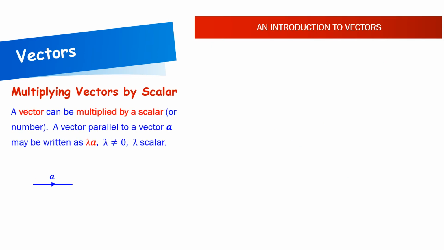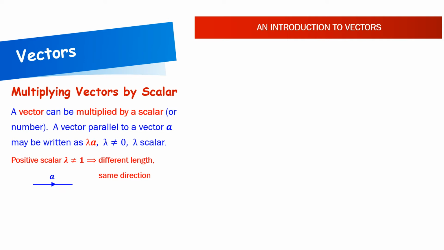Now let's take a look at multiplying vectors by a scalar. A vector can be multiplied by a scalar or number. A vector parallel to a vector a may be written as lambda a, where lambda does not equal 0 and lambda is a scalar. Suppose lambda is a positive scalar and lambda does not equal 1.